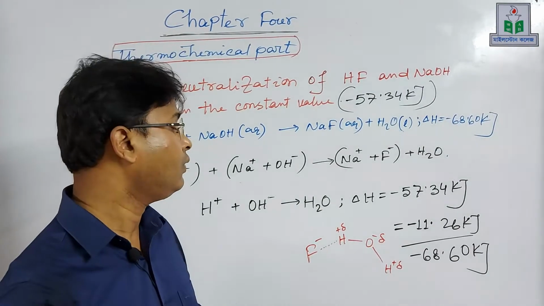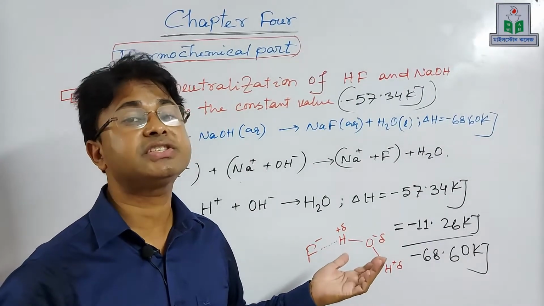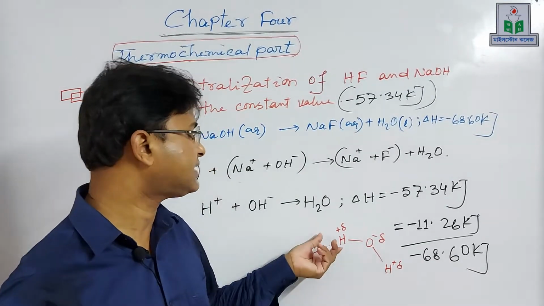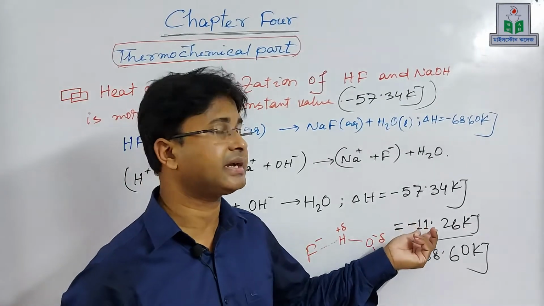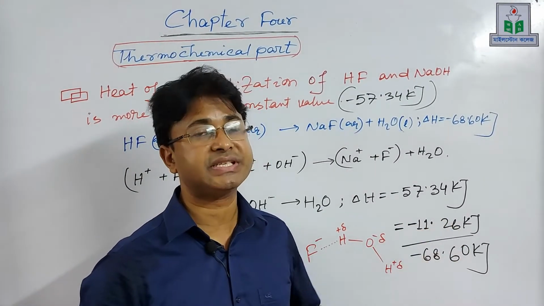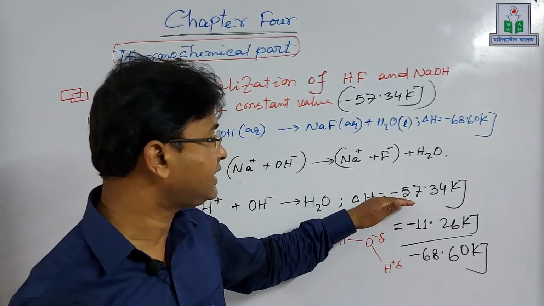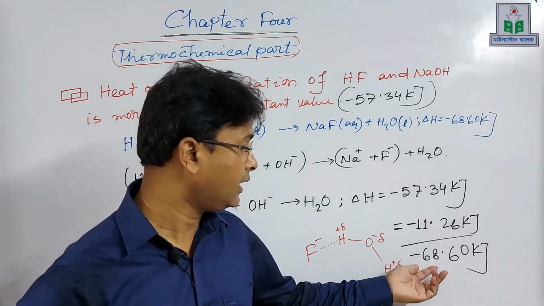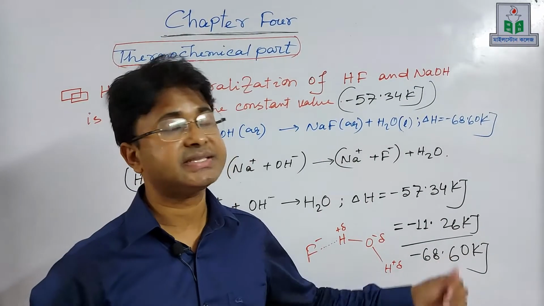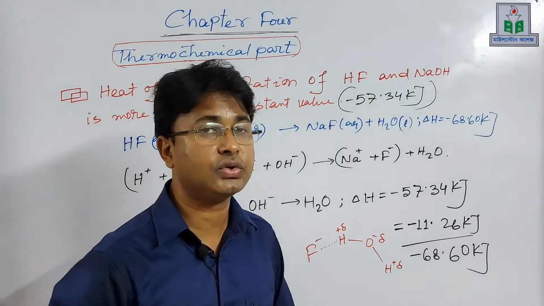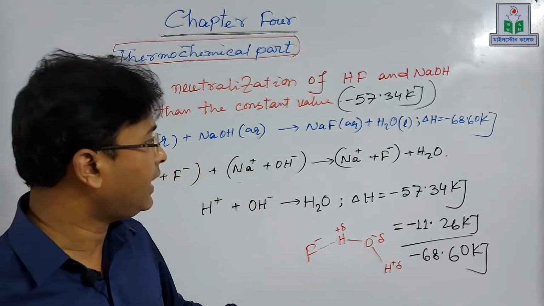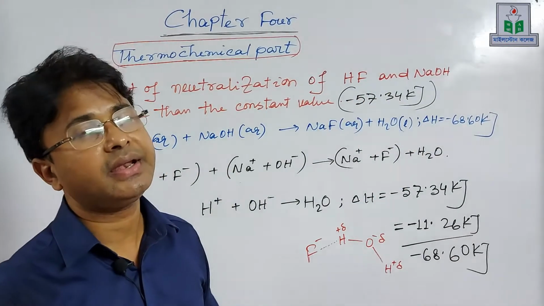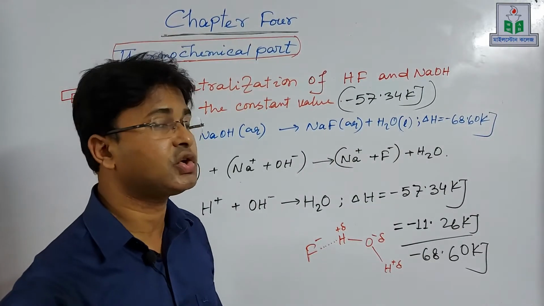At that time another heat is also evolved, known as hydration enthalpy or hydration energy. This hydration energy is approximately minus 11.26 kilojoule, which is added to the heat of neutralization, and finally 68.60 kilojoule heat is evolved. That's why in this reaction the value of delta H is more than 57.34, the constant value.